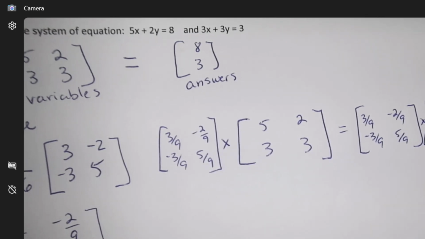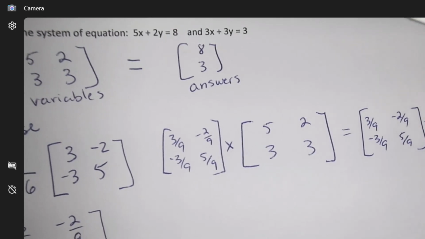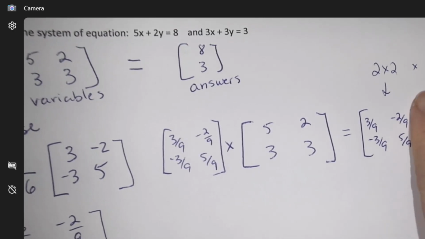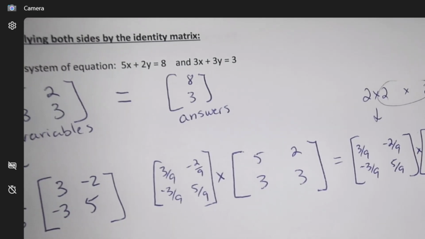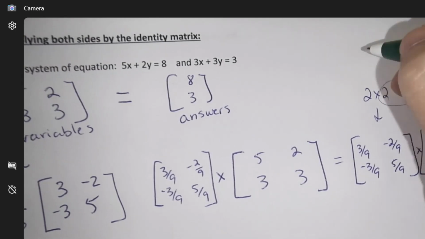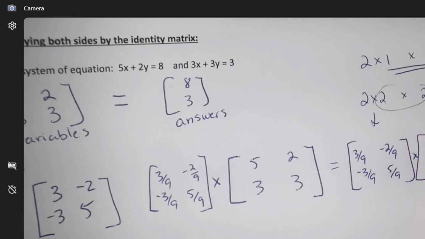Does anybody know why I wrote this in front instead of behind it? If I wrote this over here, I wouldn't be able to do it. Why? Right now I have a 2 by 2 timesing a 2 by 1. Is that going to work? Yes. If you had it the other way, you wouldn't have been able to do it.